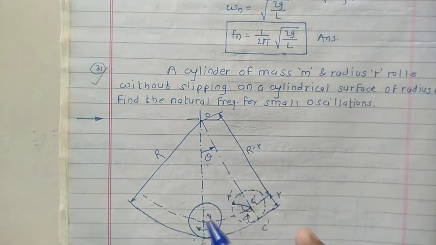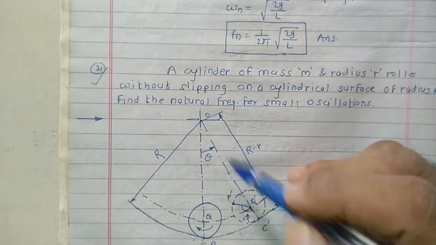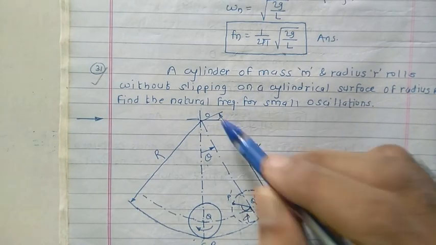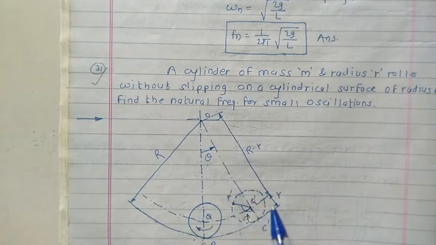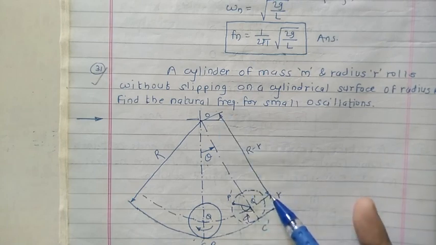What is the kinetic energy possessed by this cylinder during oscillation? We know the mass moment of inertia for a disc or any cylinder is 1/2 mass multiplied by its radius squared. Here the radius of rotation for the oscillation of this cylinder is capital R minus small r.